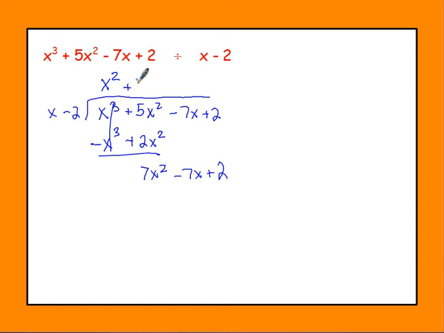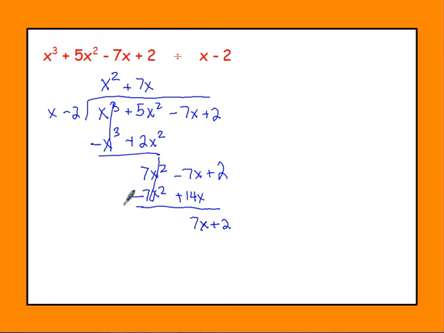That would be 7x. Multiply. 7x times x minus 2 gives me 7x squared minus 14x. Subtract by changing the signs. Those cancel. Negative 7x and a positive 14x gives me 7x plus 2.